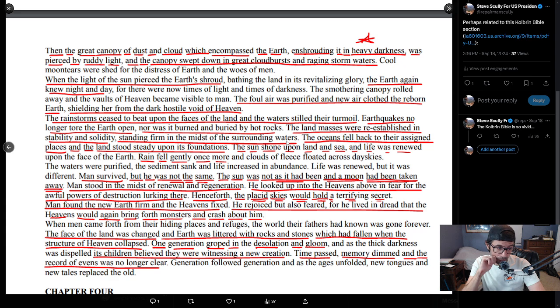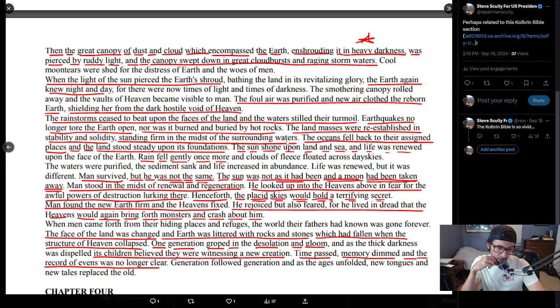The face of the land was changed, and earth was littered with rocks and stones which had fallen when the structure of heaven collapsed. One generation groped in the desolation and gloom, and as the thick darkness was dispelled, its children believed they were witnessing a new creation.